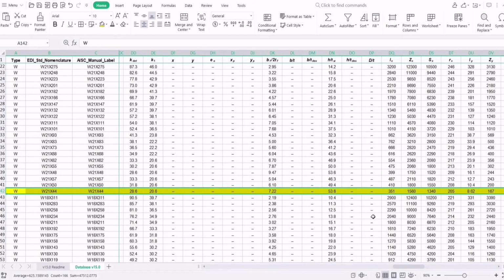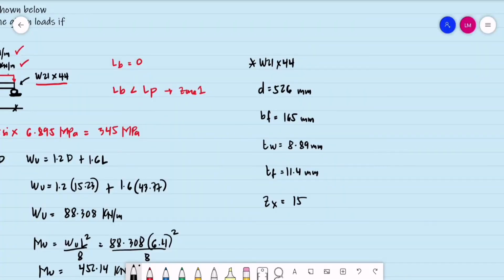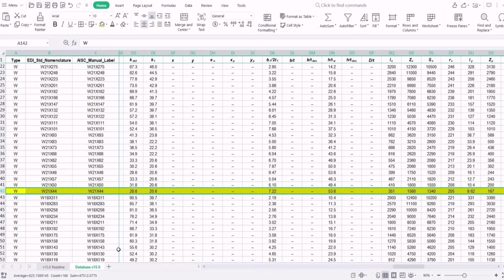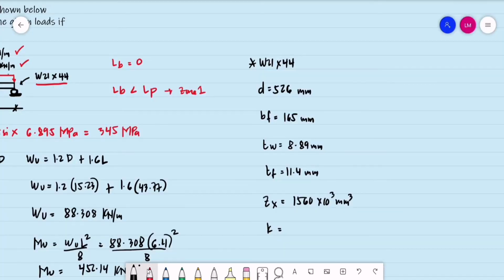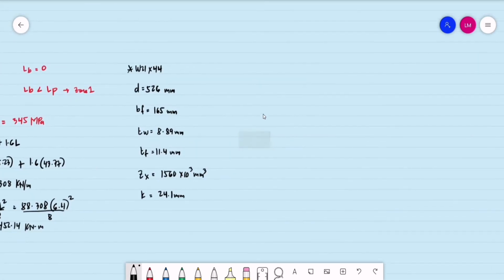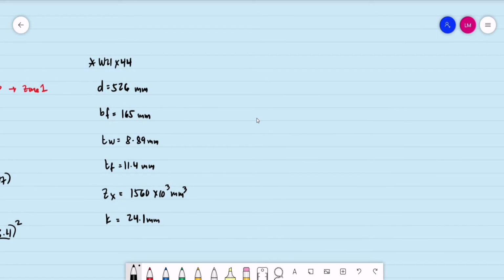The plastic section modulus is 1560 times 10 raised to 3 millimeters cube. The value of K is 24.1 millimeters. So let's have the width to thickness ratio of the flange and the web.